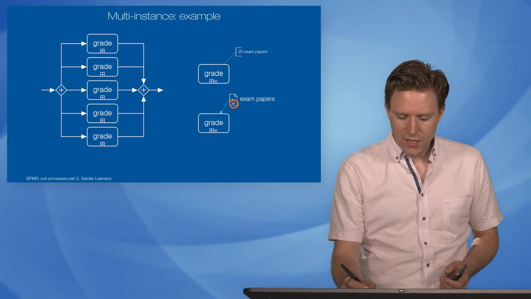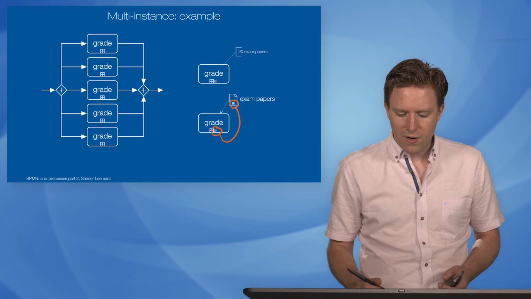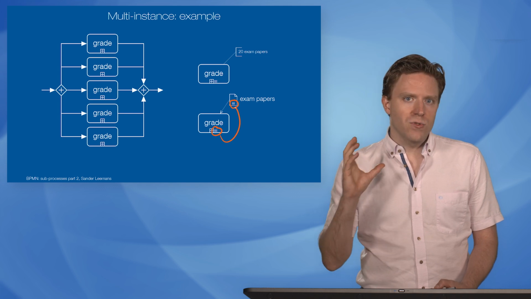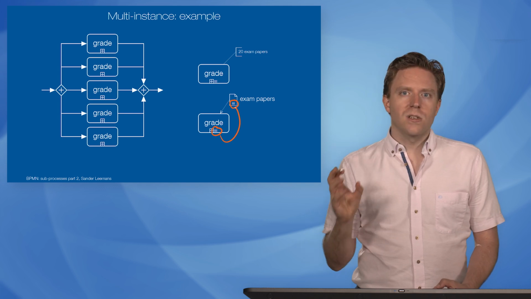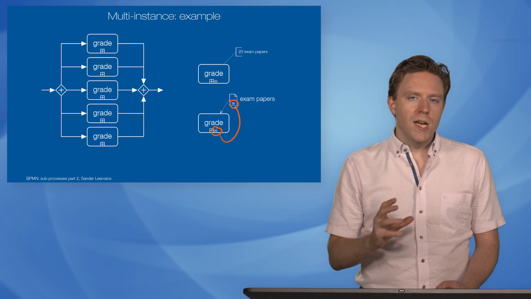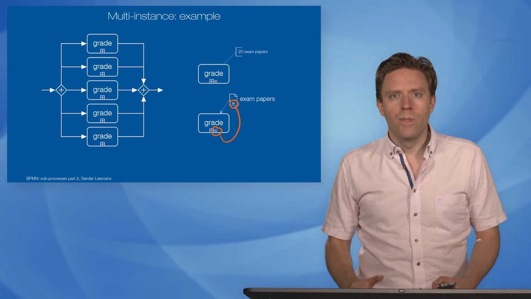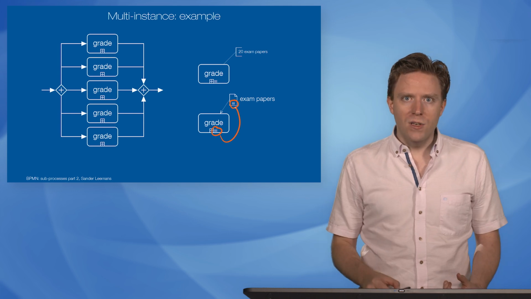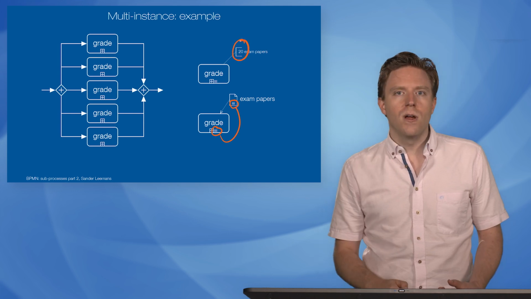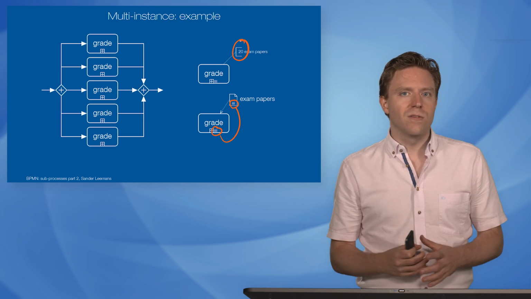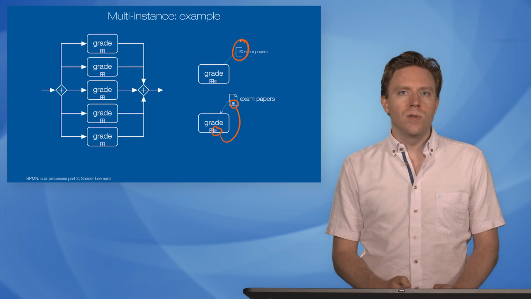This multi-instance marker and this multi-instance marker actually are connected. So precisely for each exam paper, one grading subprocess is started, and all of them in parallel. Now that's truly dynamic, right? I don't need to denote this 20 anymore. I can just make sure that I have a collection of data objects, and then everything will be all right.